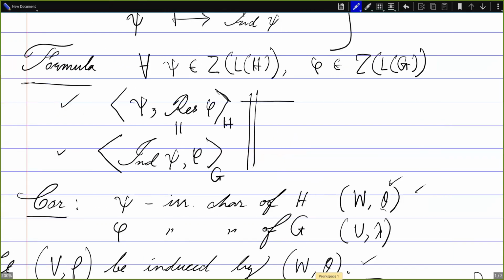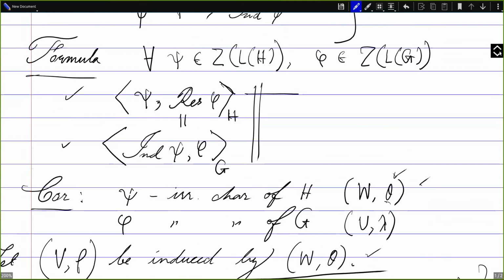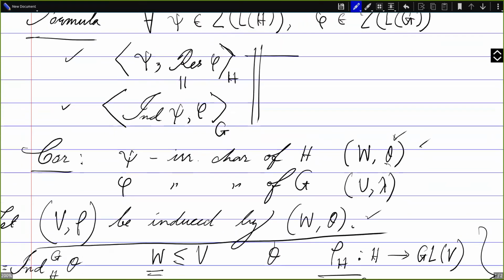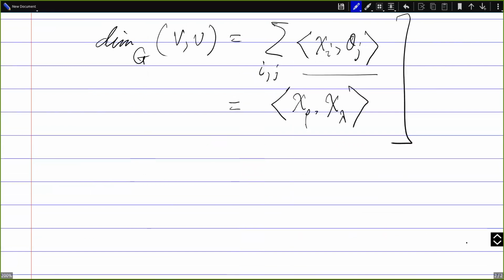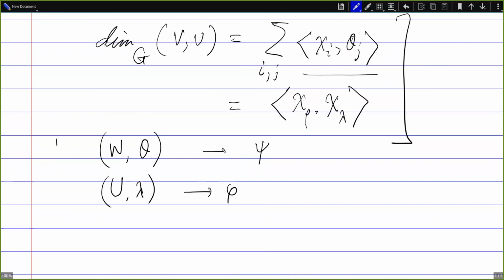As I said, we shall assume that psi and phi are irreducible representations of H and G respectively. So let's assume that W theta is the representation of H for which the character is psi, and U lambda is the representation for which the character is phi. This is a representation of H, this is a representation of G. Okay.